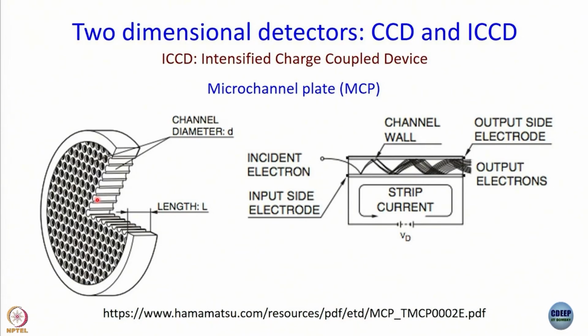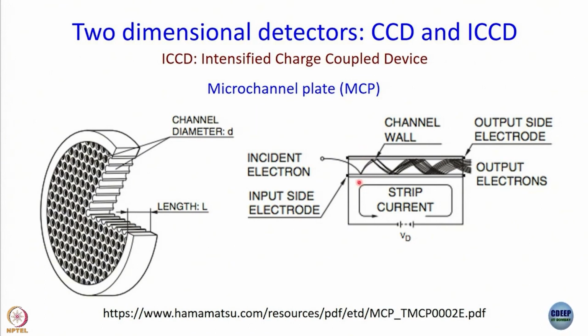The way a microchannel plate works is this. Suppose that this is the front face, the face that we can see here, and that is where your incident electron falls, or maybe even light falls, and an electron is generated. This is the primary electron. Next, you have this voltage ramp. Now this primary electron, since it is a capillary, it is very difficult for it to just go straight.